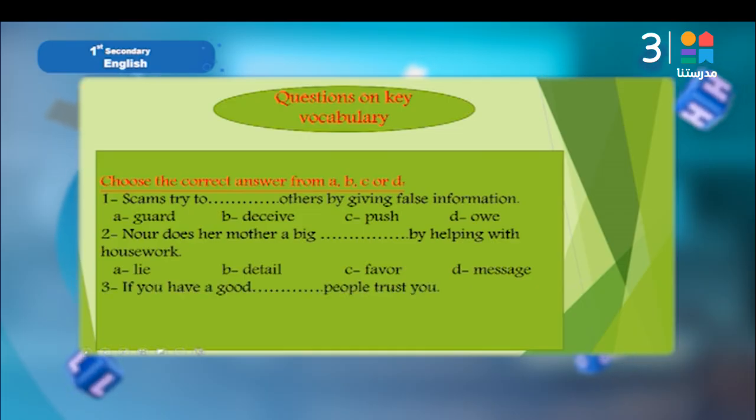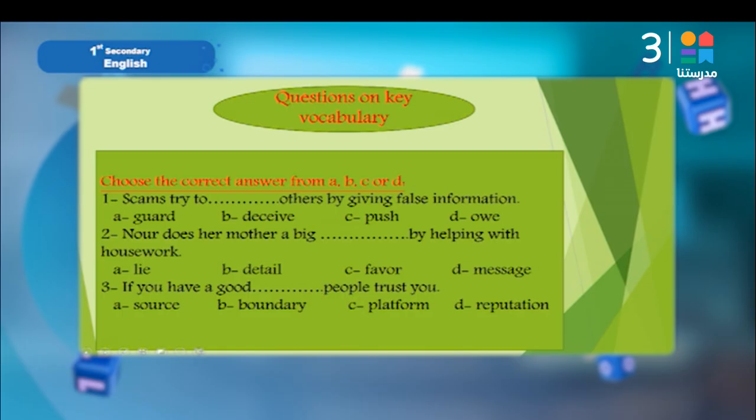Number 3, if you have a good space, people trust you. Source, boundary, platform, or repetition. If you have a good what? Excellent, very good. If you have a good repetition, people start trusting you.